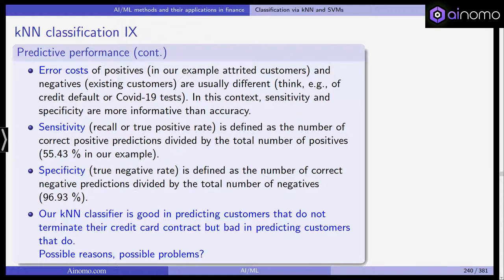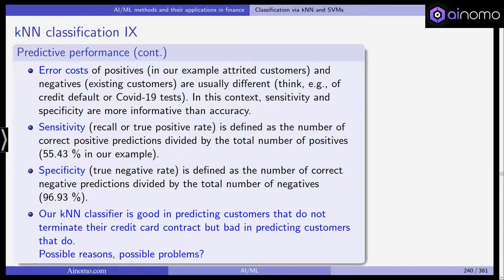That's 55%. And specificity is the true negative rate, the number of correct negative predictions divided by the total number of negatives, and it's 96.93%. In our case, the K nearest neighbor classifier is good in predicting customers that do not terminate their credit card contract, but bad in predicting customers that do.